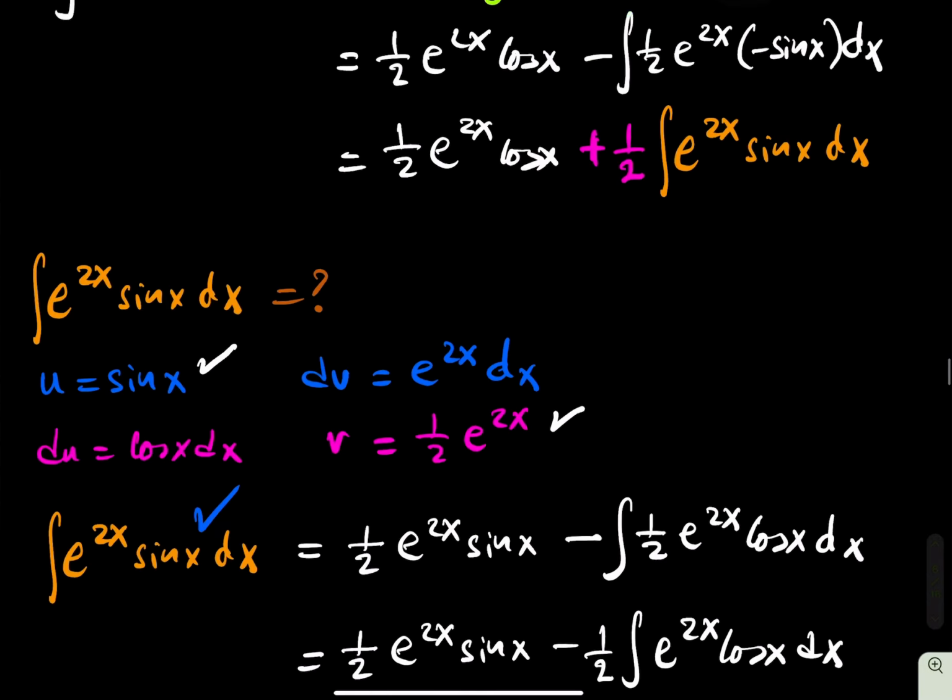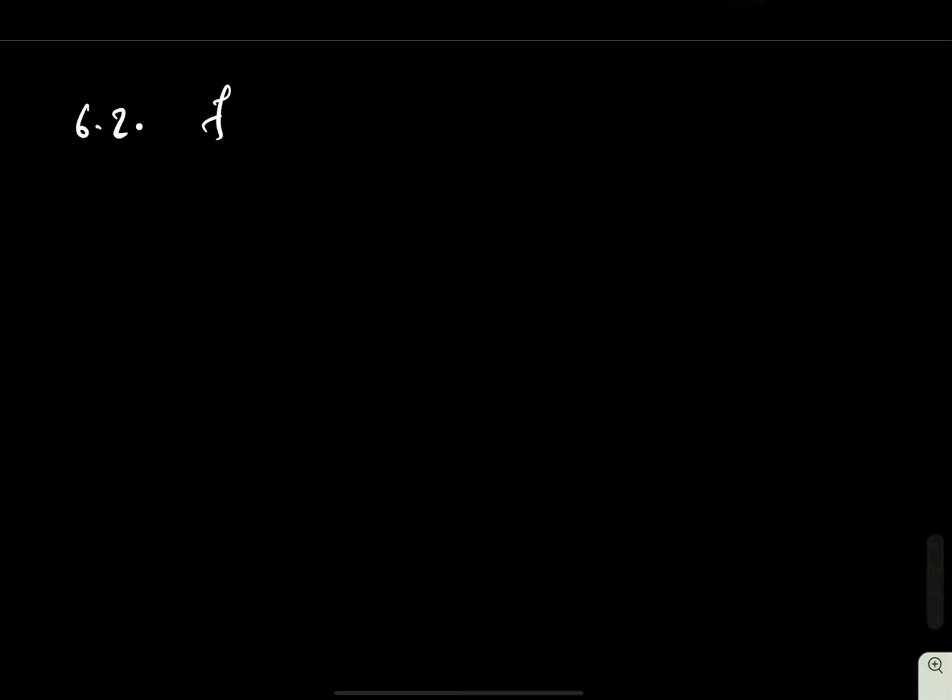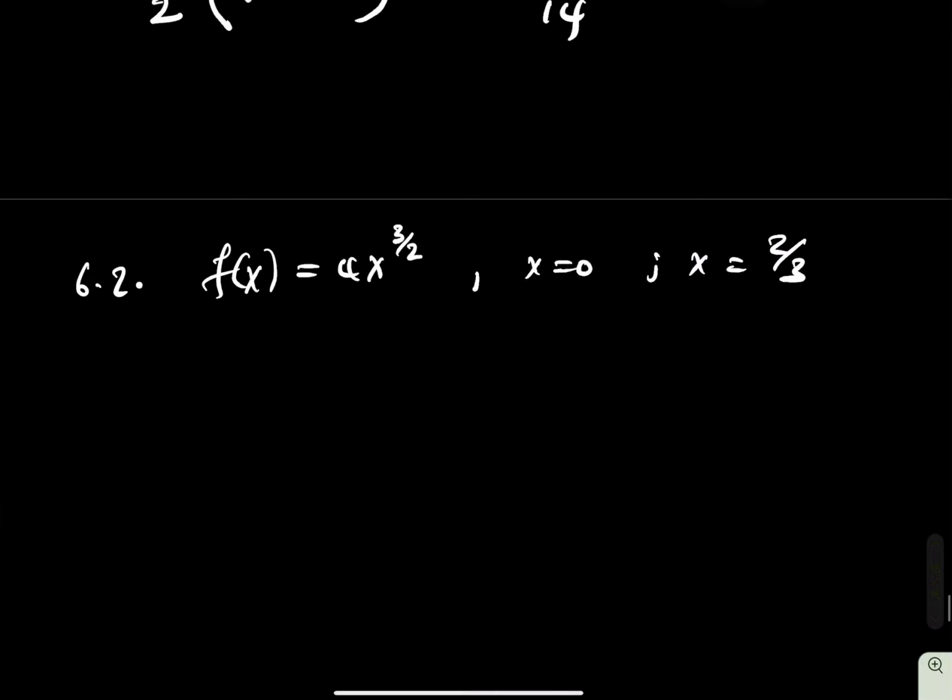So that should really be very easy. You are given everything there. They give you f at x, that is equals to 4x to the power 3 over 2 there. And this one, it's really in between x is equals to 0 and x is equals to 3 over 2. Is it 3 over 2 or 2 over 3? I think it's really 2 over 3, the way I saw it.